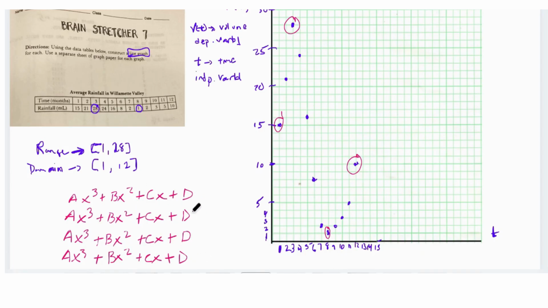What that is, you'll plug an X in, right? We don't have a 0 value for D, but you'll plug an X in. So I have 1 and 15. Or we'll stick to the rubric. V of, I'm using X, but I mean T.